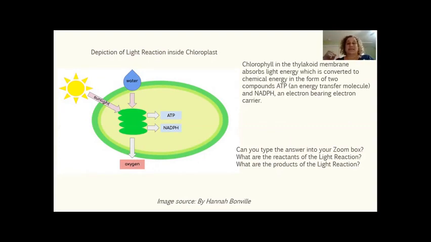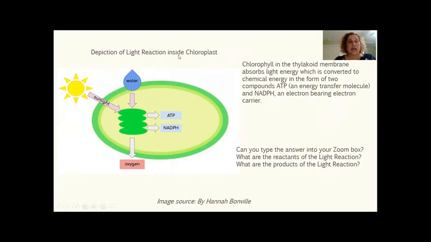It's important because it's the energy currency in the cell. Your cell can't do processes without ATP, okay? So that's a form of energy, and NADPH is an electron carrier. These two molecules then go on to the next reaction in photosynthesis called the dark reaction.